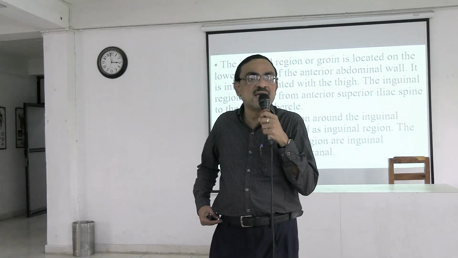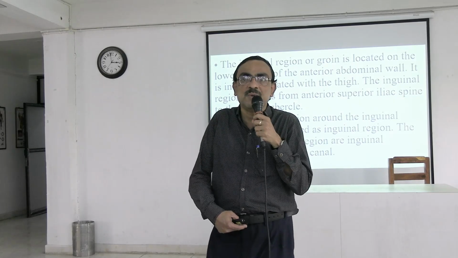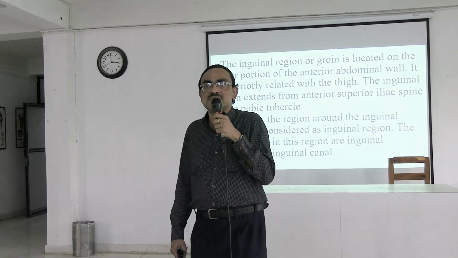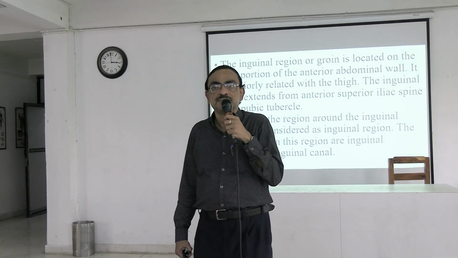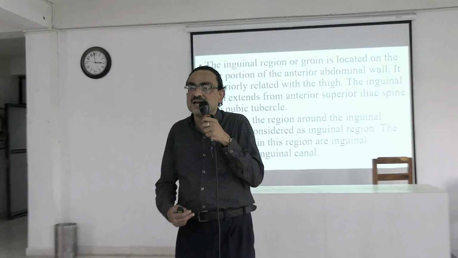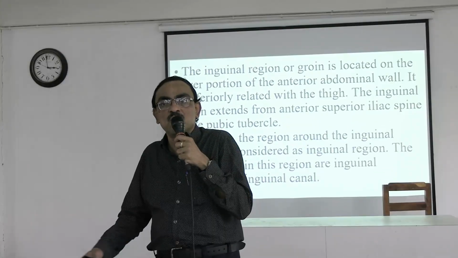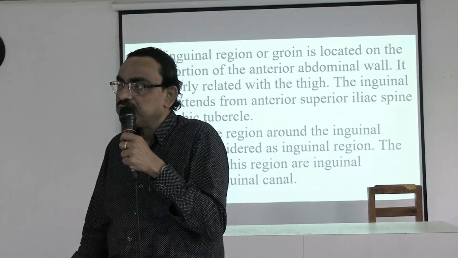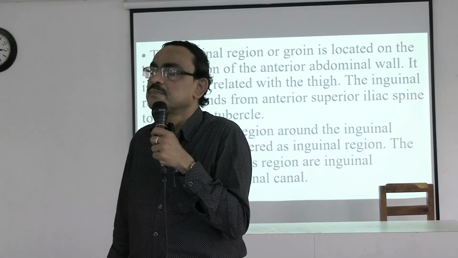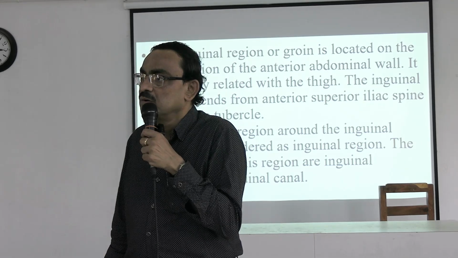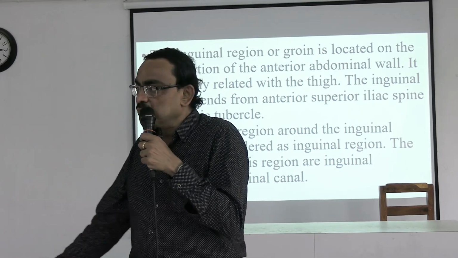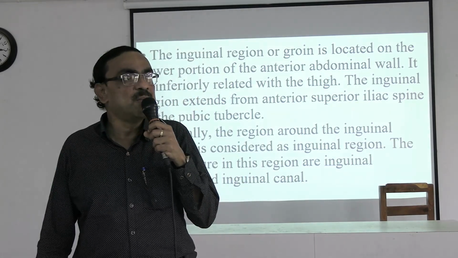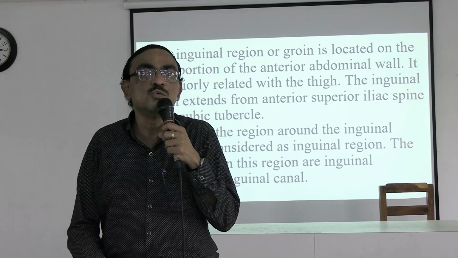When we incise the skin from the anterior superior iliac spine up to the midline, and from the midline up to the symphysis pubis, we can remove the triangular flap of skin. When we remove the skin, we come across the superficial fascia.